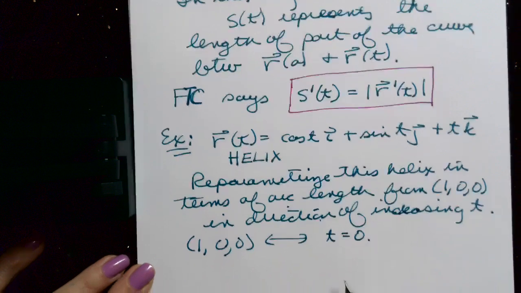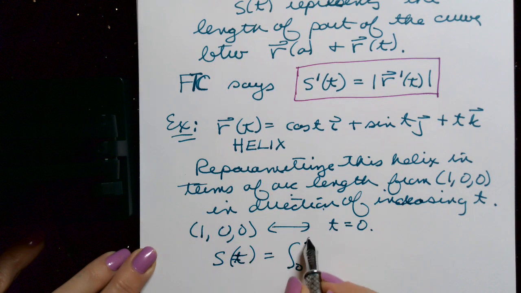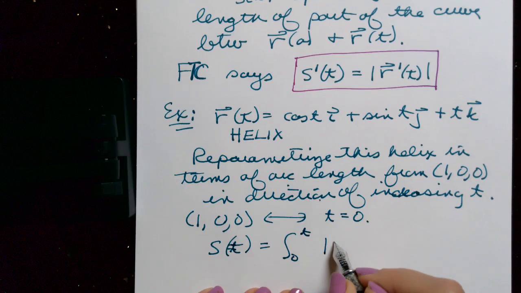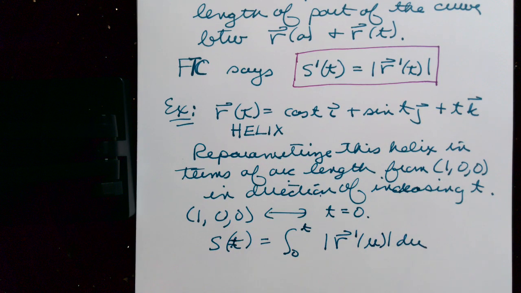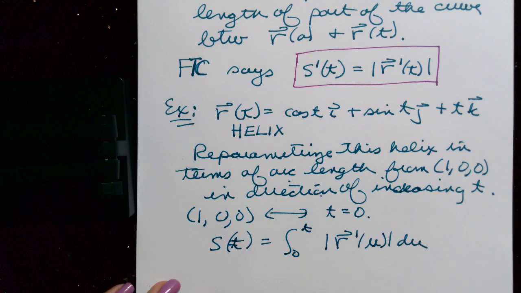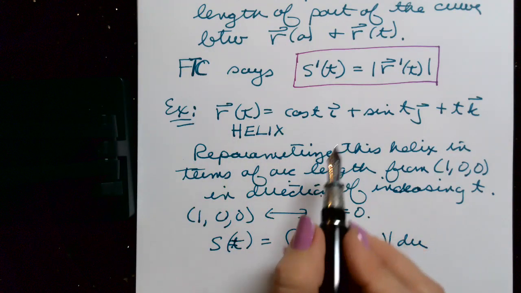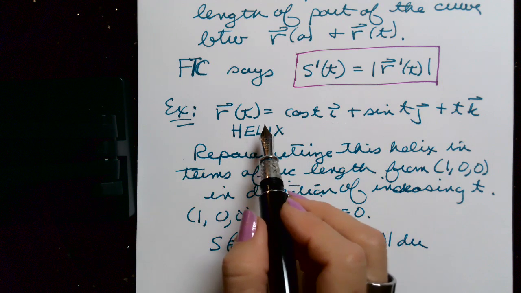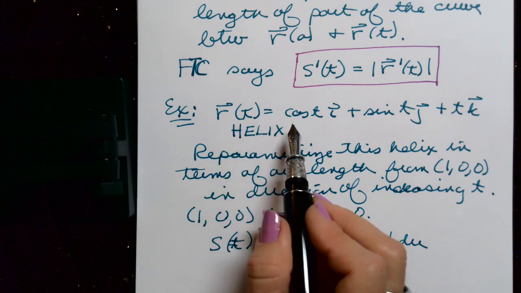Okay. And now s, the arc length function, s of t, is going to be the integral from 0 to t of the length of r prime of u du. So what is the length of r prime if I call the variable u? If this is my function r, then what's the derivative?